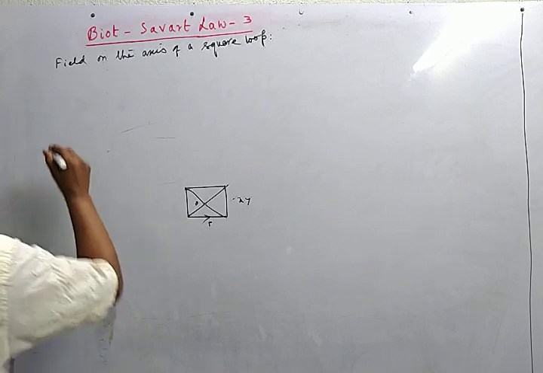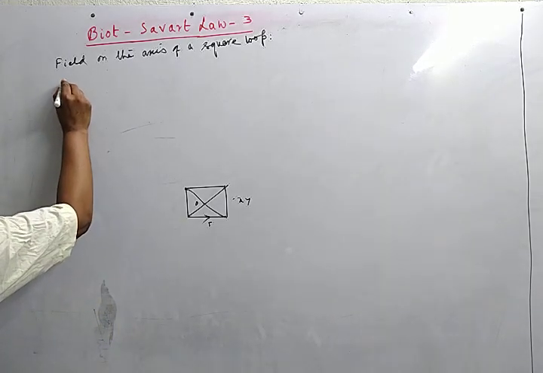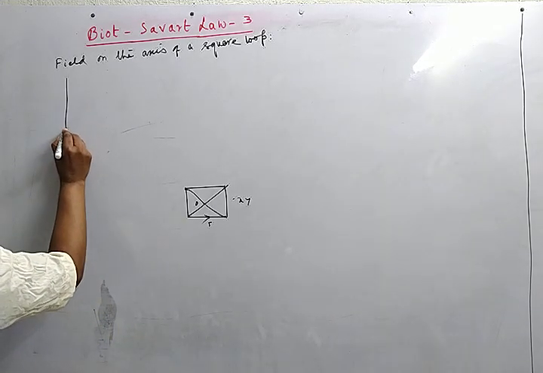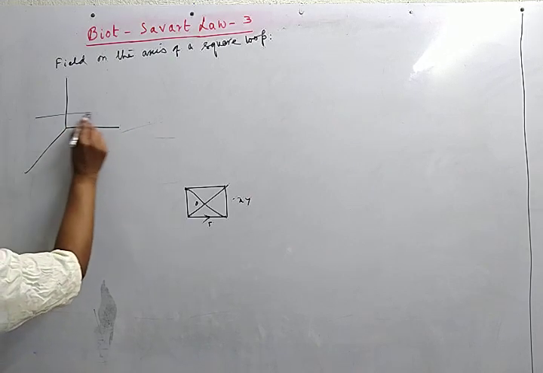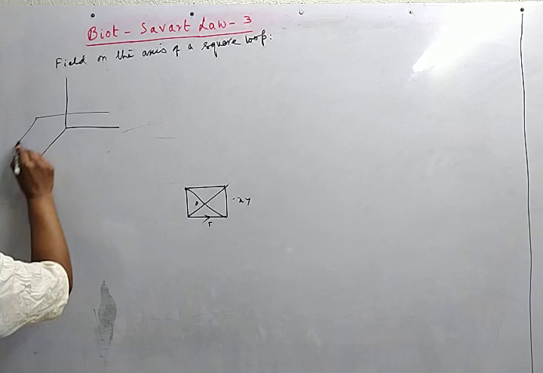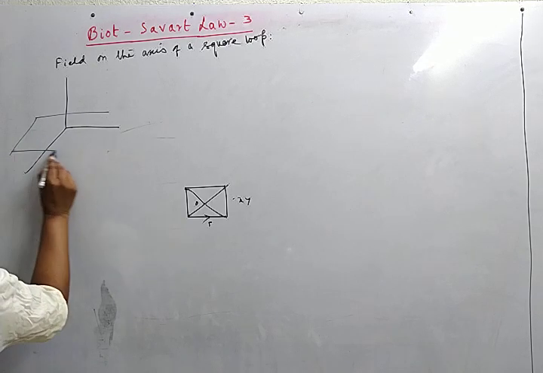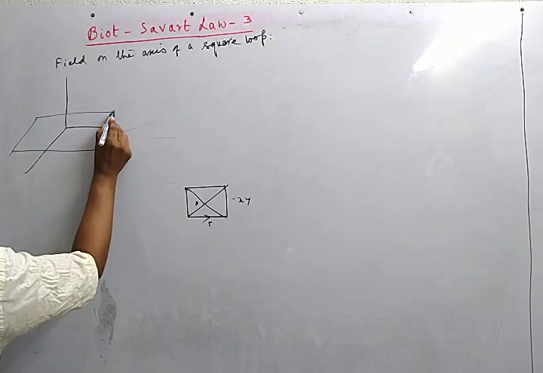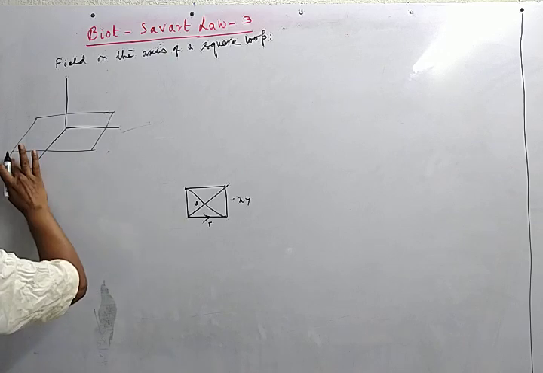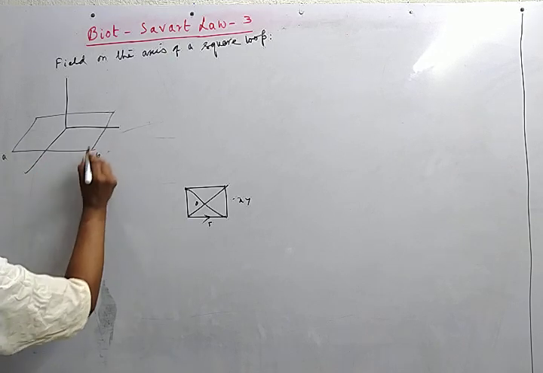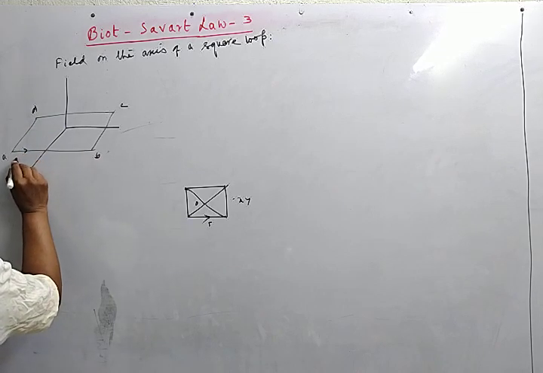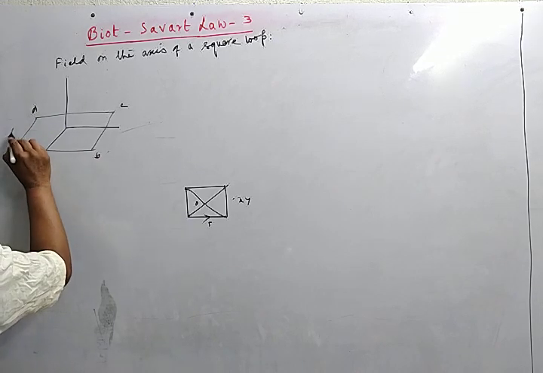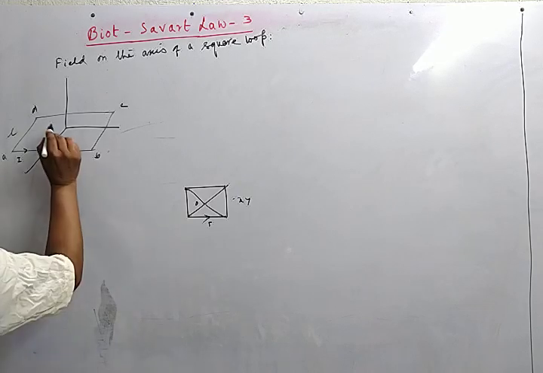So with this, the geometry becomes this. This is the square loop A, B, C, D. It carries a current I. Each side is L, and this is the center.